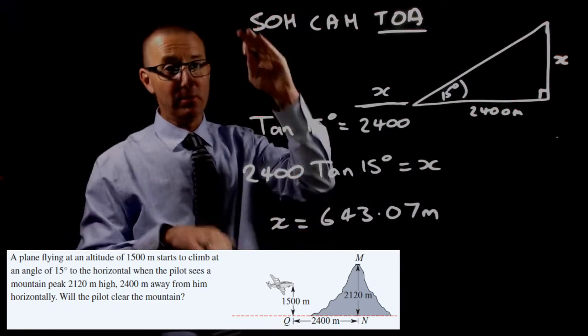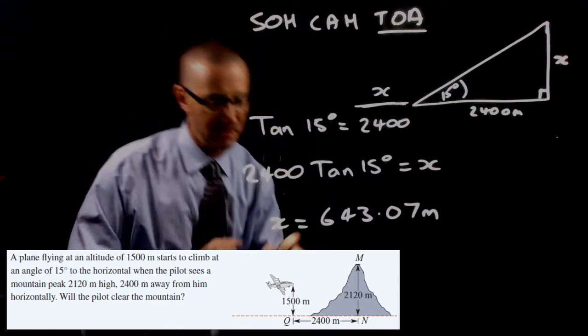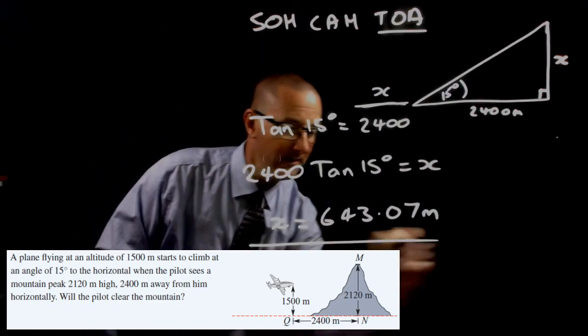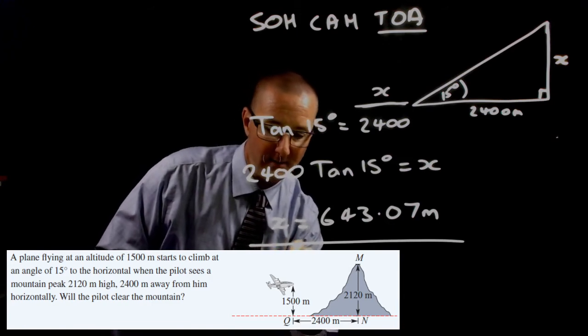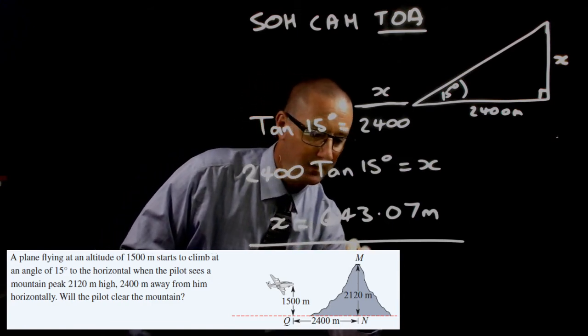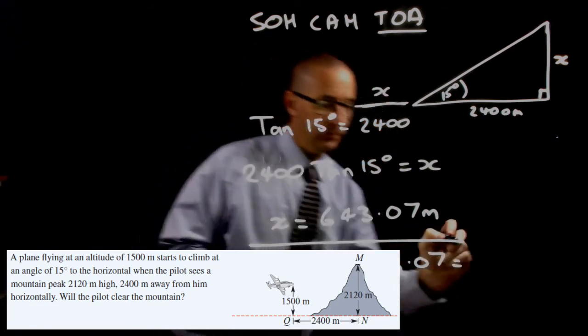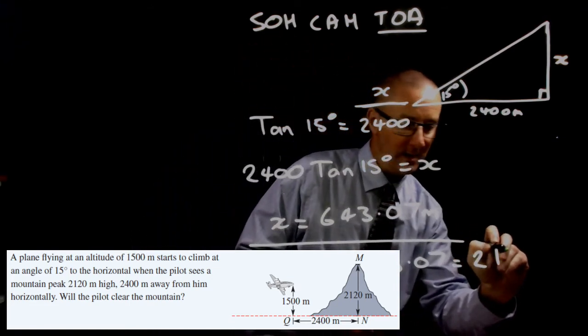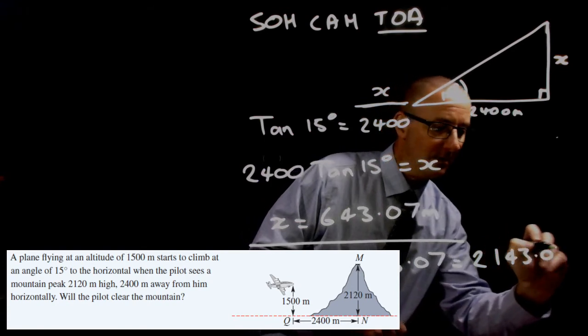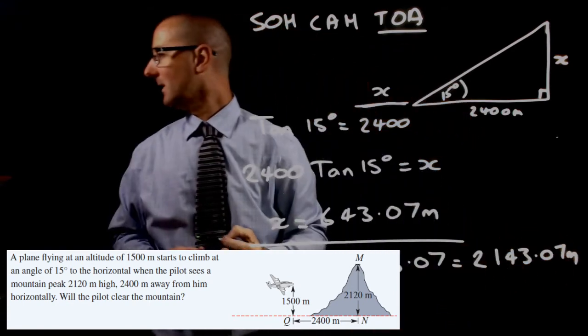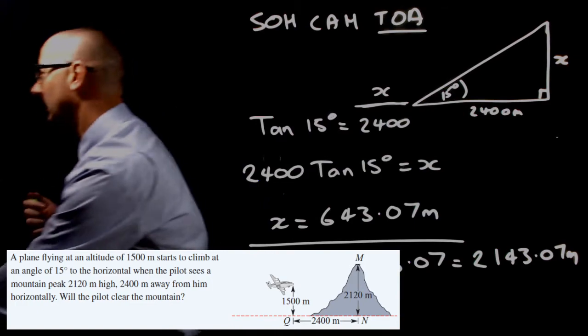So the total height, or the height that our plane is actually travelling at, is going to be given by 1,500 plus 643.07, and that's going to be equal to 2,143.07 metres.